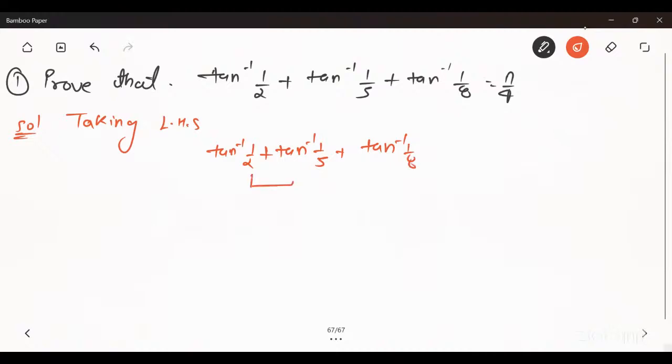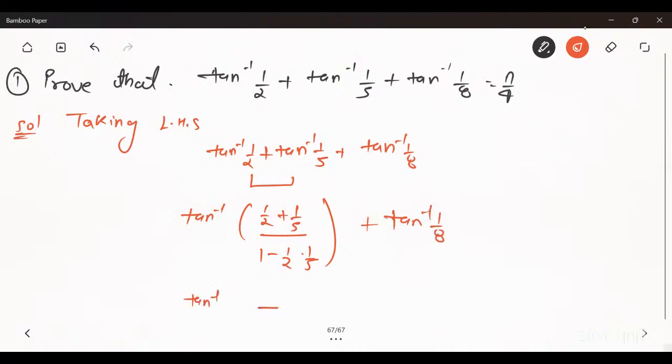So tan inverse A plus tan inverse B will become tan inverse of A plus B upon 1 minus A into B, plus tan inverse of 1 upon 8. Now if you take LCM, you will get tan inverse of (5 plus 2) upon 10 minus 1 upon 10, plus tan inverse of 1 upon 8.